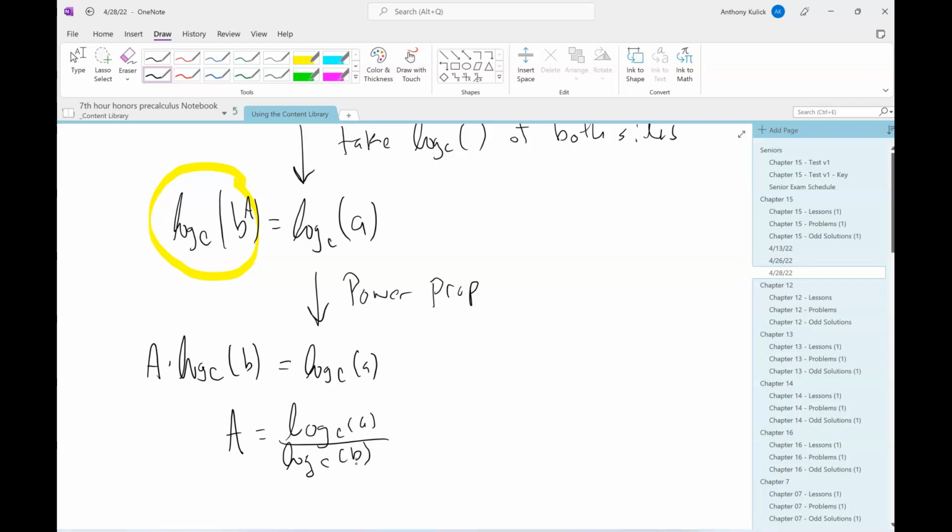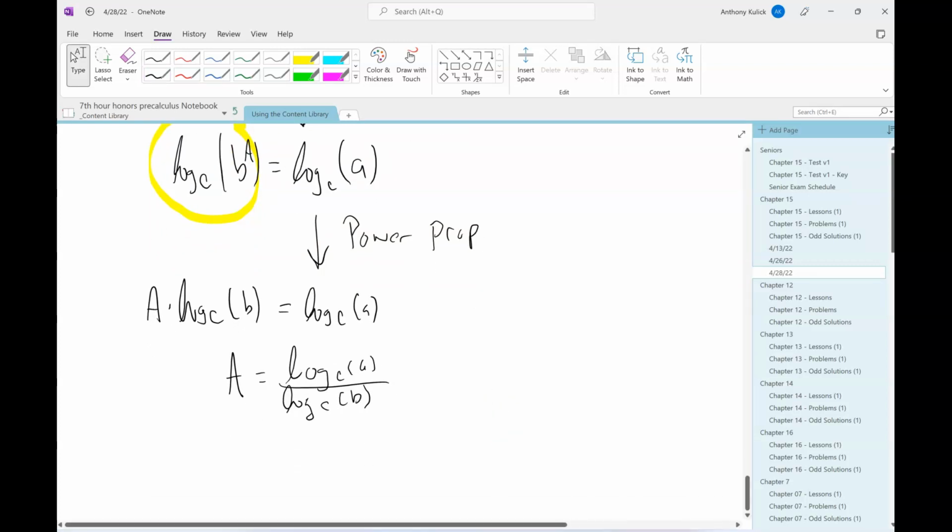Cool. And hey, do you remember what we said A was equal to in the very beginning? Log base B of A. And that now is my change of base formula.